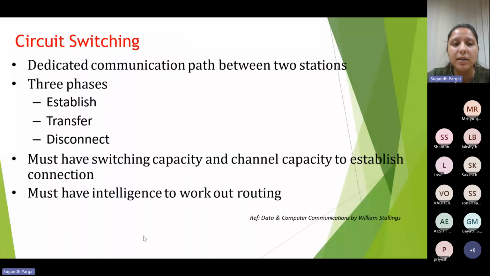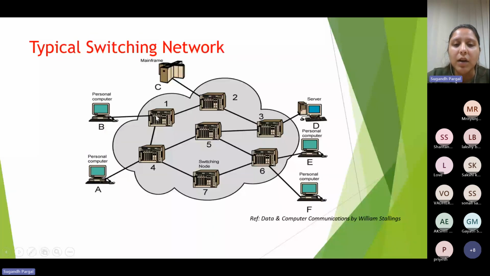In circuit switching, there is a dedicated communication path between the two stations. For example, at the initial stage the dedicated path is decided, like it has to communicate using 1, 4, 5, and 6. So all the packets and all the data will be sent through the same path. There are three phases.